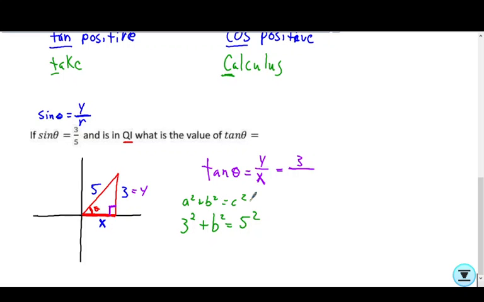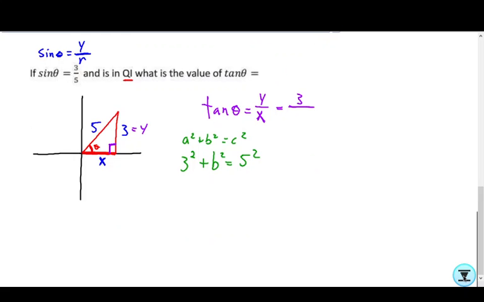So solve for b. b squared equals 25 minus 9, because 5 squared is 25. So b is the square root of 25 minus 9, which is 16.